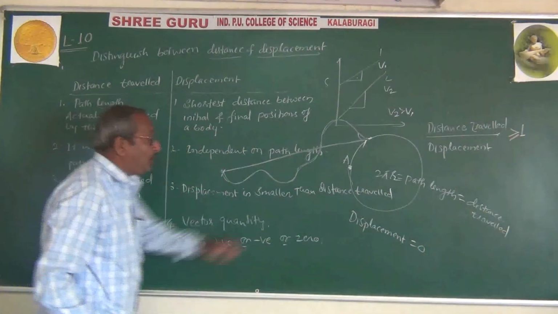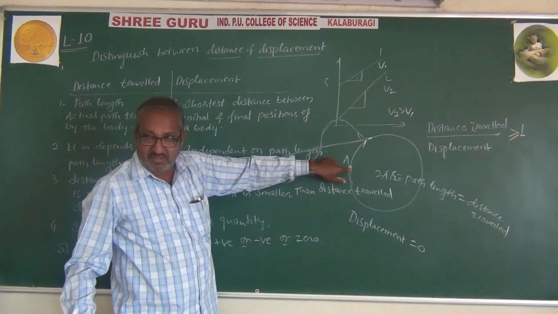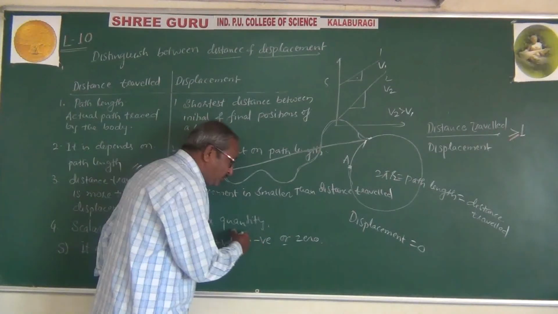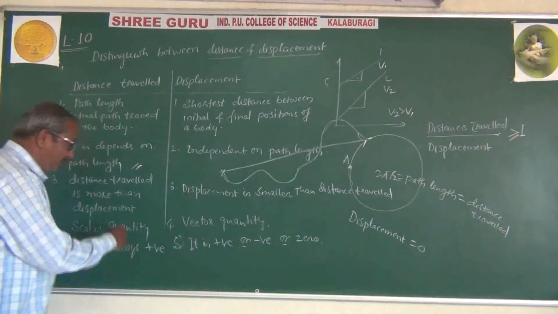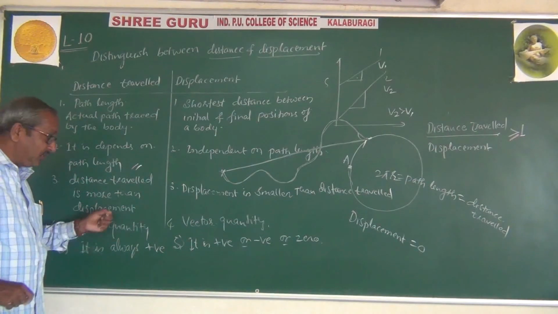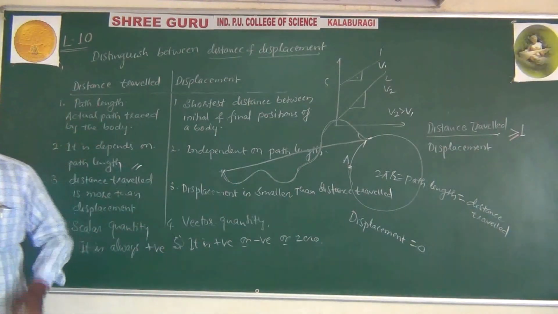Displacement can be 0, positive or negative, because it depends on the direction, whereas distance is independent of direction. This one depends on direction.